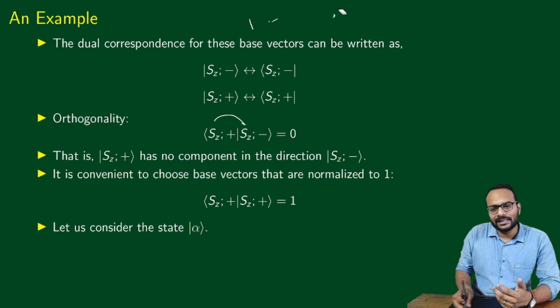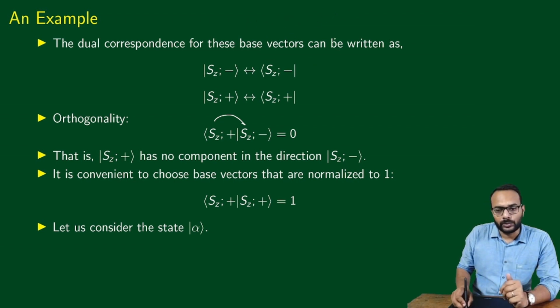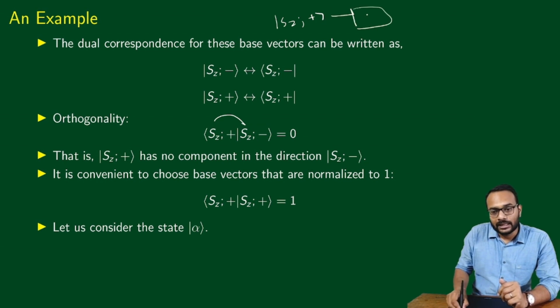This we actually know from the physical motivation. If you have a state characterized by Sz plus and you send it to an SGZ hat apparatus, you get only one output, electrons characterized by Sz plus. There are no beams characterized by Sz minus, no beams with minus h cross by 2.